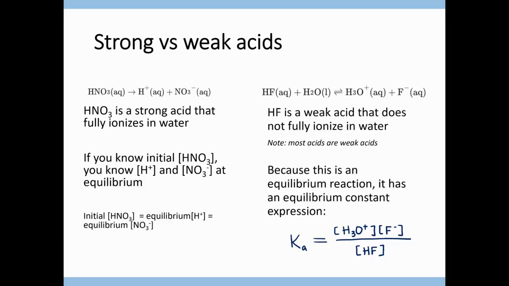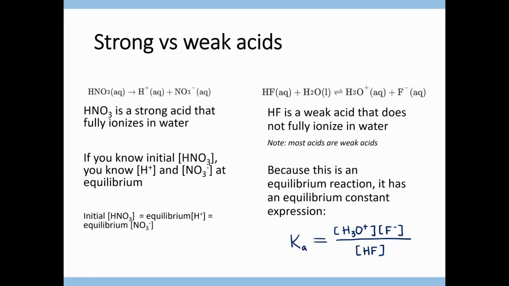Since water as a liquid is not included in the K expression, altering the amount of water doesn't influence the equilibrium position. It's not going to cause the reaction to shift right or left because it's not part of K.